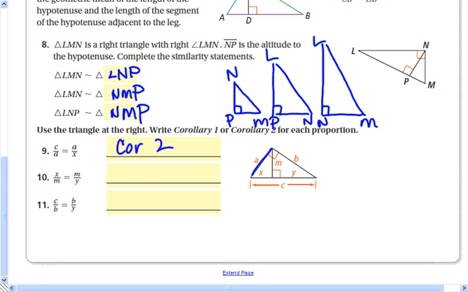Okay, X over M equals M over Y. We're talking about the altitude. That'd be corollary 1. And the last one, we're talking about this hypotenuse from the medium-sized triangle. So that's corollary 2.